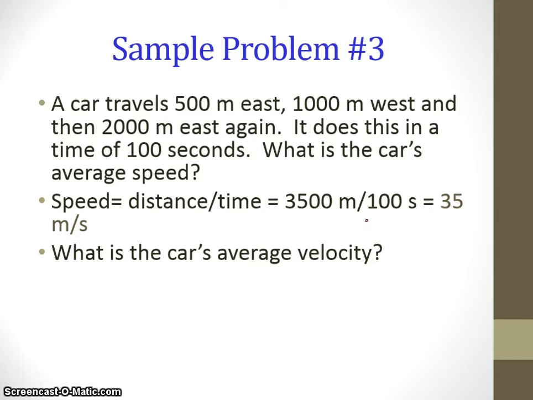Then another question here is, what is the car's average velocity? And we'll tell you about average later. But let's use that formula. Velocity is displacement divided by time. It's not going to be the same number here.